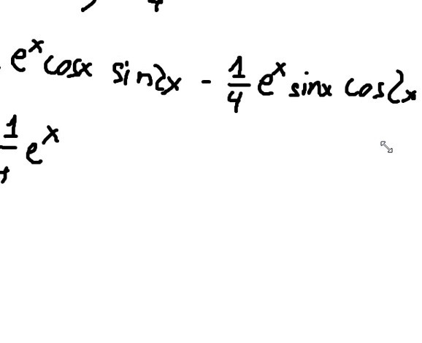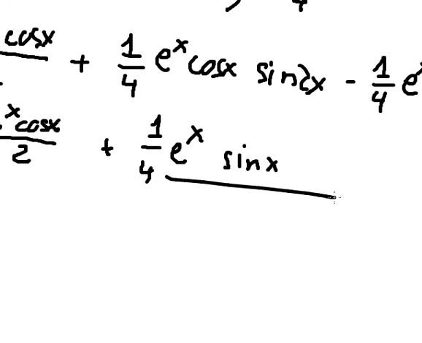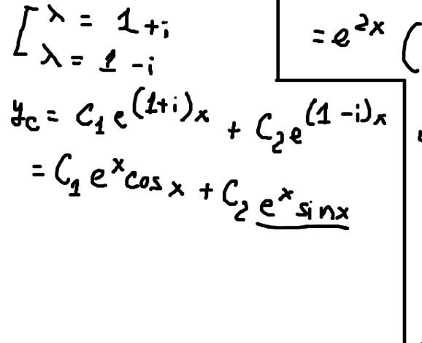If we look carefully at this one, we can see that this one repeats this one, because number 2 is a constant, so it can be another constant including 1/4.